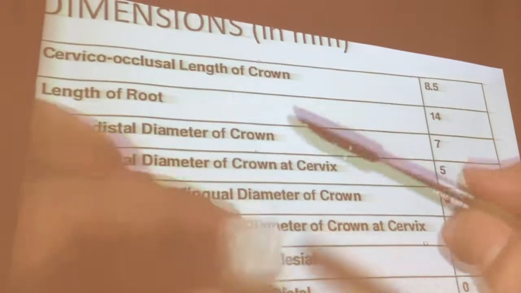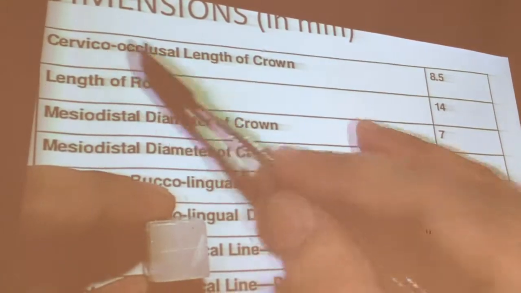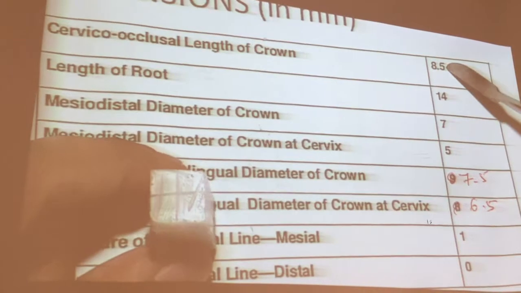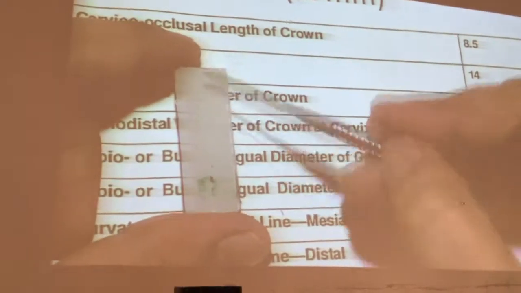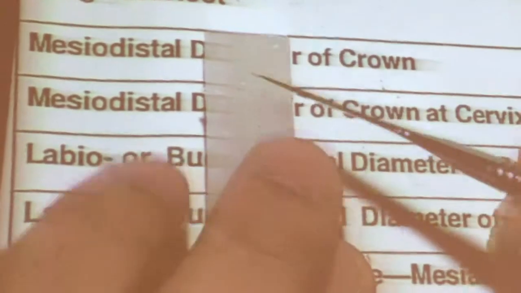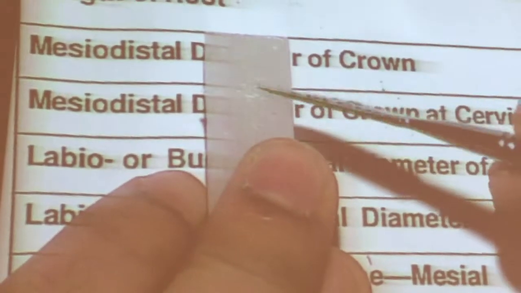This is the cervico-occlusal or occluso-cervical length of the crown. Okay, I've taken this is the measurement. 9 I've taken in spite of 8.5. I can reduce it whenever I want.